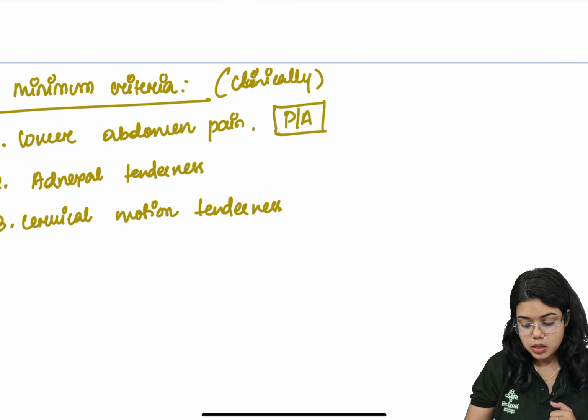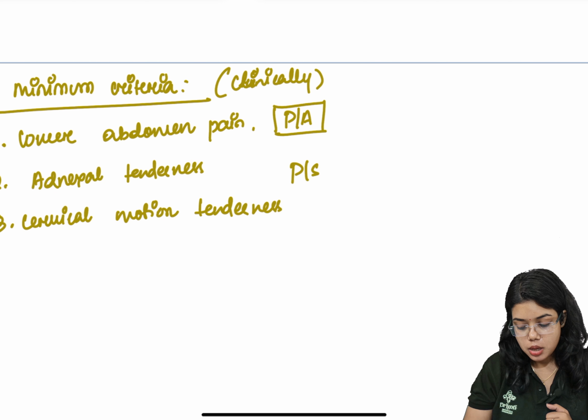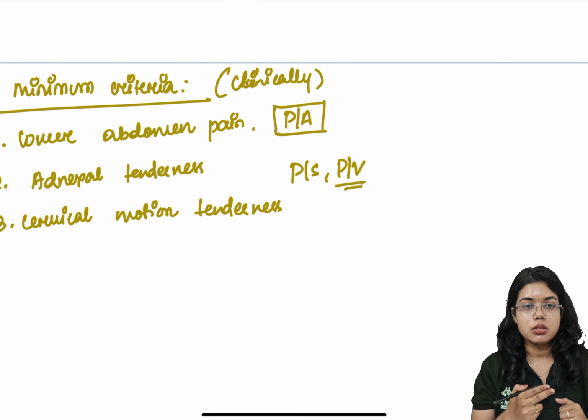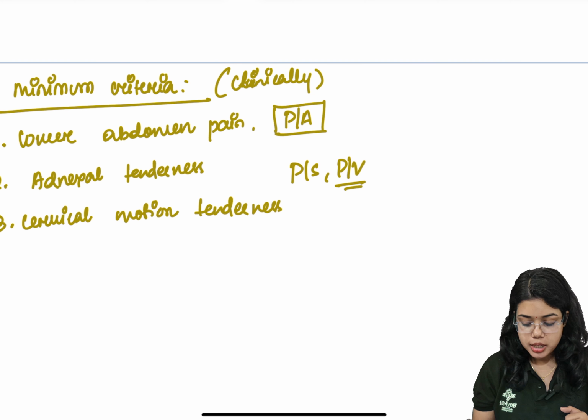How do we see this? We see it by doing per speculum examination as well as PV examination. In per vaginal examination, we introduce two fingers inside the vagina and we see the cervical motion tenderness. When we move the cervix, cervical motion tenderness is present, and the adnexal tenderness.